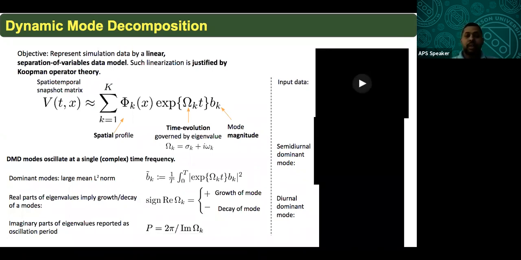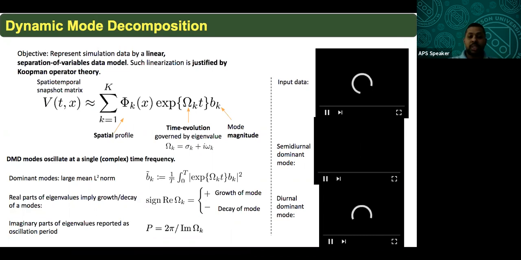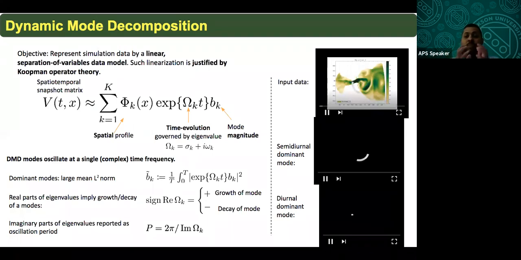It separates the data model into a spatial profile and a time profile. The specialty here is that DMD modes oscillate at a single time frequency, which means we can isolate a mode by frequency.